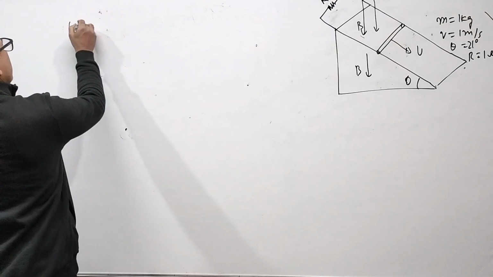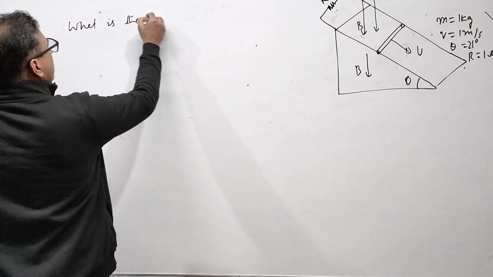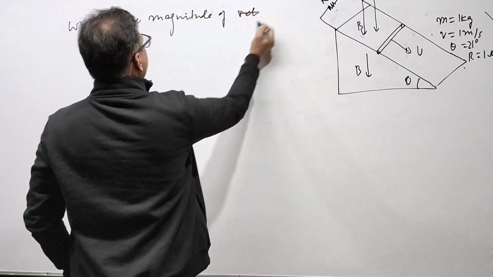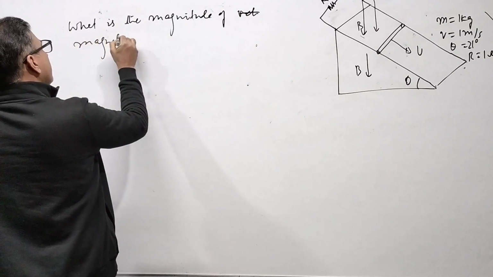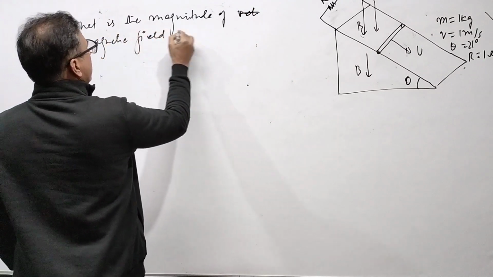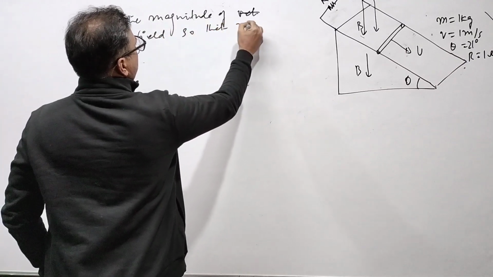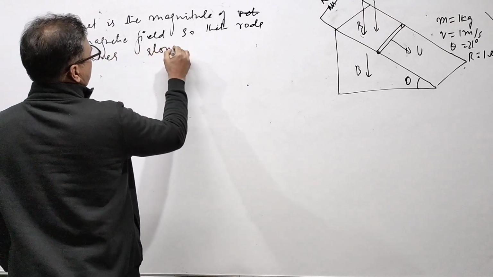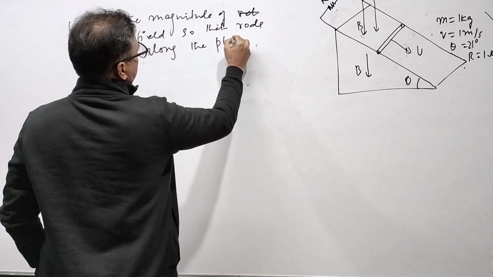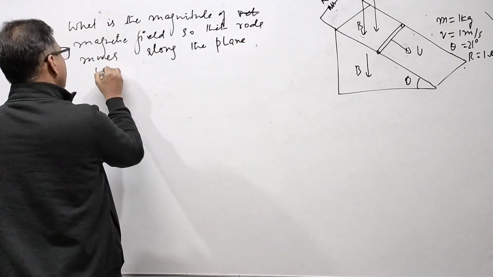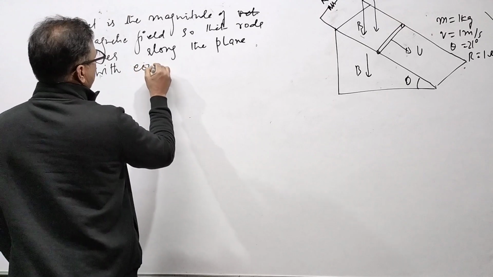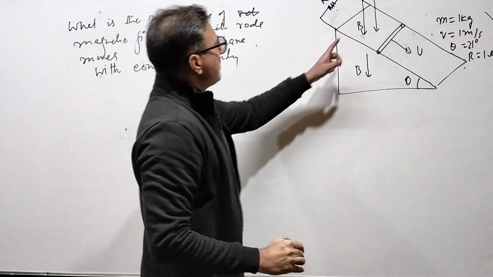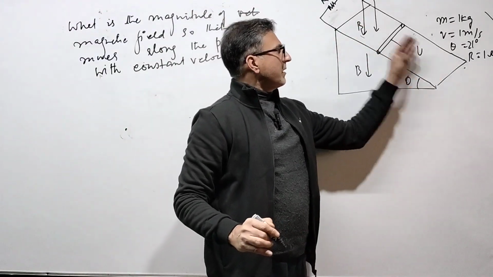What is the magnitude of the magnetic field so that the rod moves along the plane with constant velocity? ये है क्वेश्चन. ये मैग्नेटिक फील्ड कितना होना चाहिए ताकि ये रॉड जो है it moves with a constant velocity.